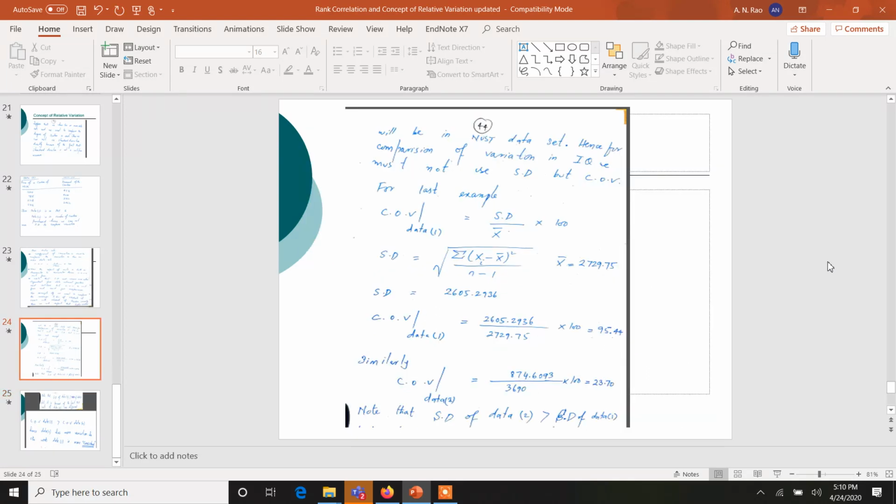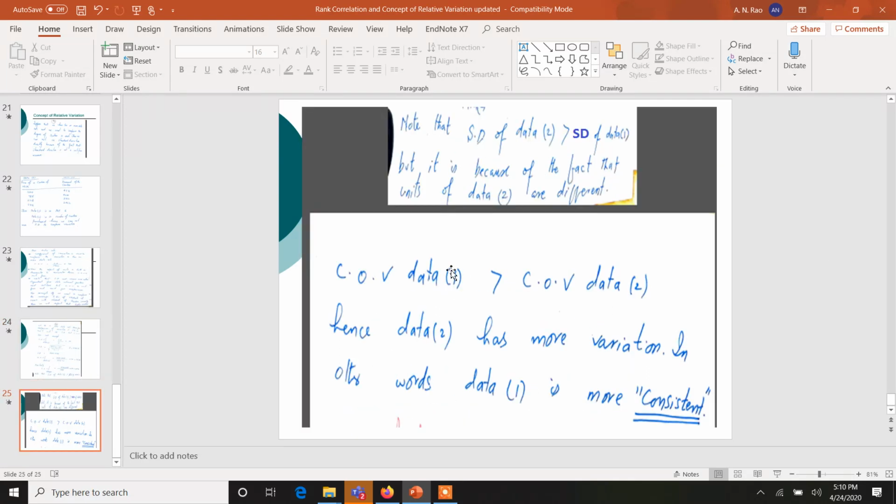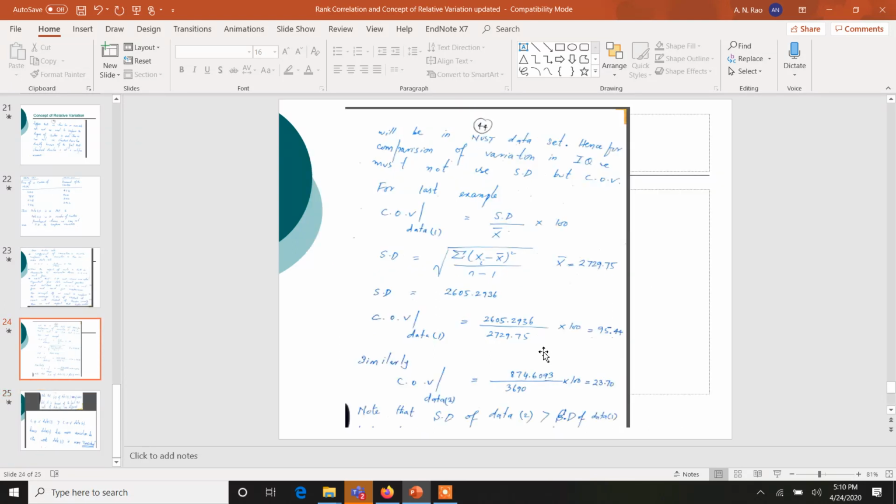So the COV of data 1, as we just saw here, the coefficient of variation of data 1, is higher than the coefficient of variation of data 2. So therefore, data 1 has more variation. Pardon me for some of the typographical errors in today's video. So focus on what I'm speaking.